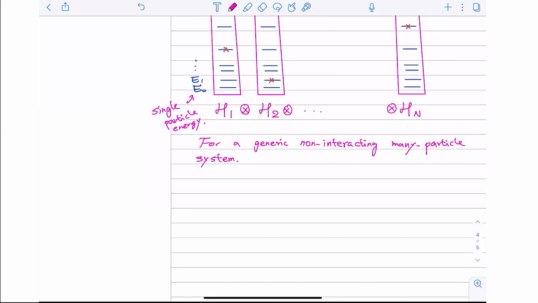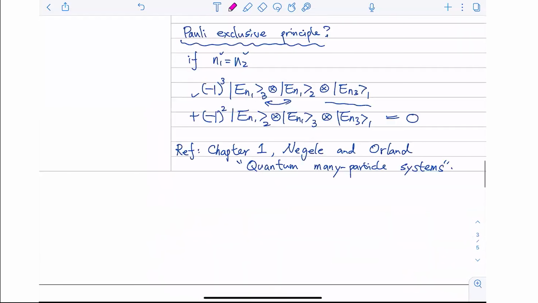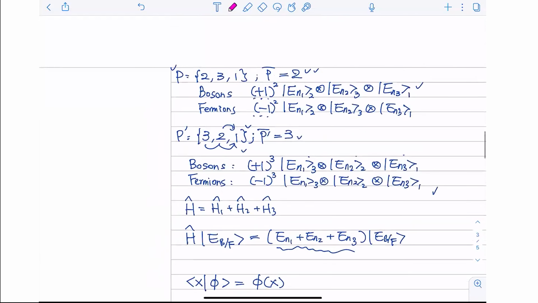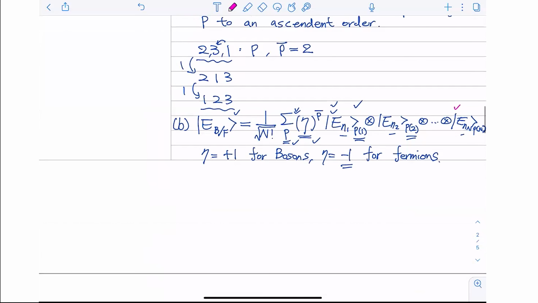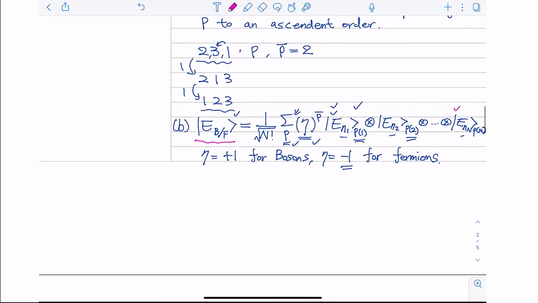Okay. Of course, as we mentioned, in order to describe the real wave function for the bosonic or fermionic case, we need to symmetrize this wave function using this construction we just gave. And by the way, there's a 1 over n factorial square root.